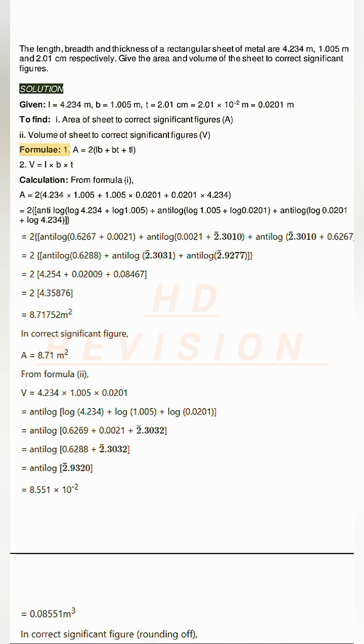Formulae. 1. A equals 2 times (LB plus BT plus TL). 2. V equals L times B times T. Calculation.